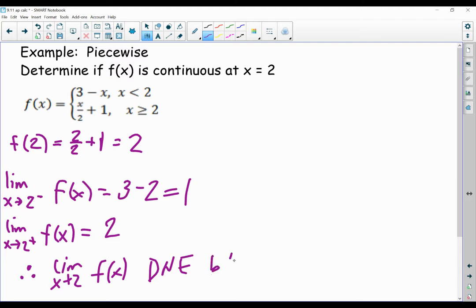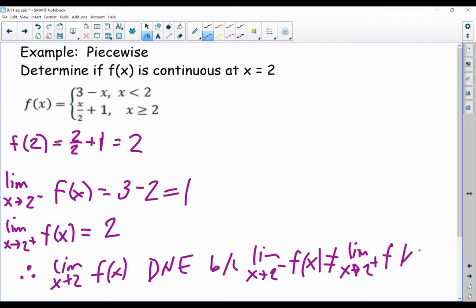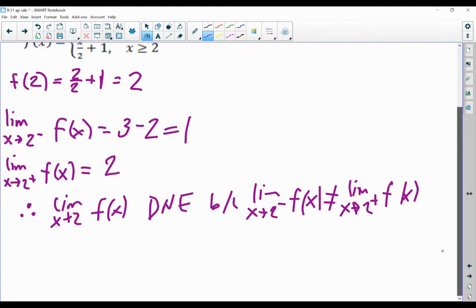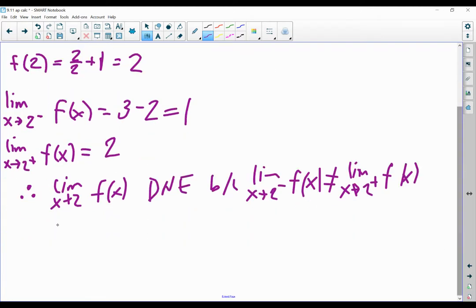And that's because the limit as x approaches 2 from the left of f of x does not equal the limit as x approaches 2 from the right of f of x. And then I can say f of x is not continuous at x equals 2.